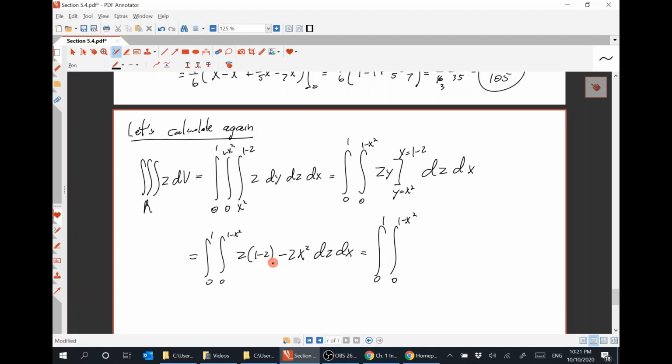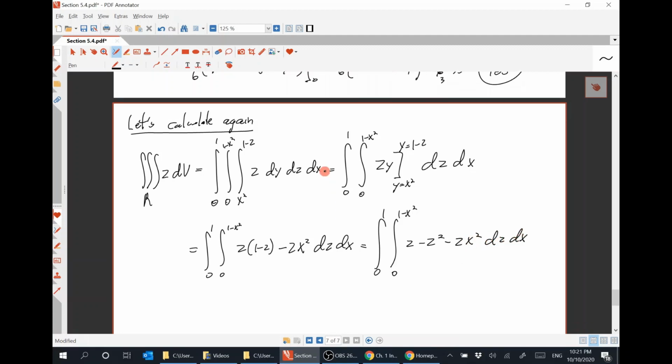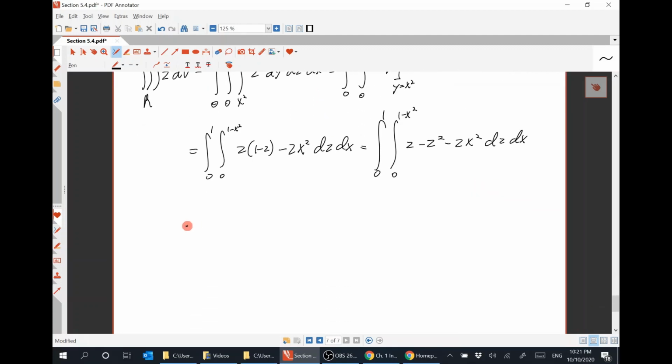So I have z minus z squared minus zx squared dz dx. So let's rewrite that. So z times 1 minus x squared minus z squared dz dx.